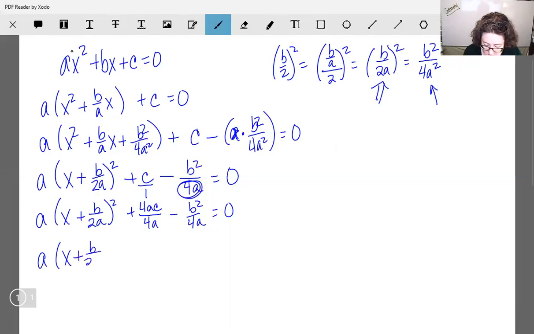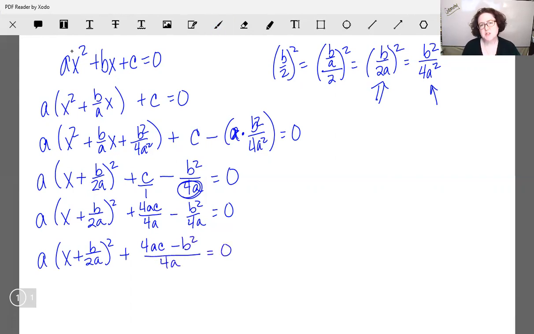Okay, so just copying down, I can do 4ac minus b squared all over 4a now. So now I have one big fraction. Let's start moving things away, because the whole point of solving by completing the square is to get that x by itself.